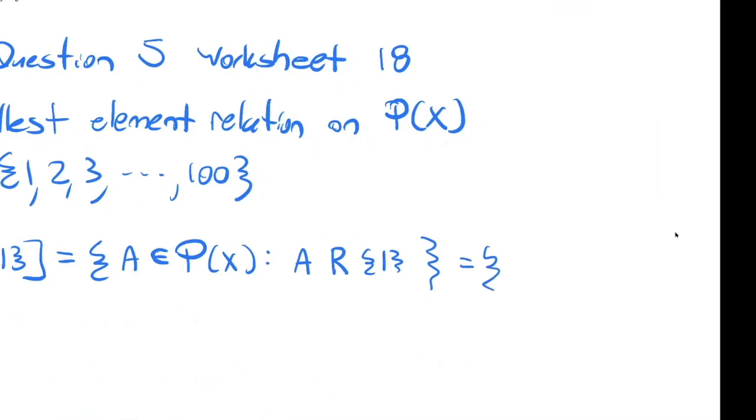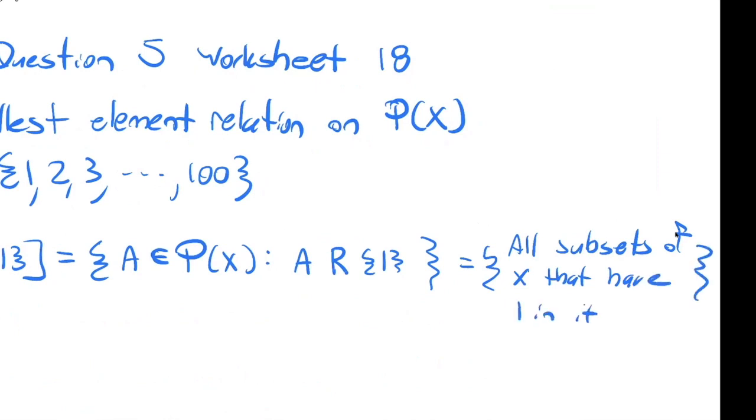In other words, it would be all subsets of X that have the number 1 in it, since if 1 is in it, it has to be the smallest one.